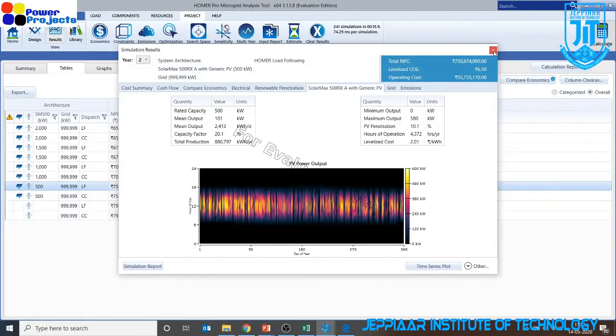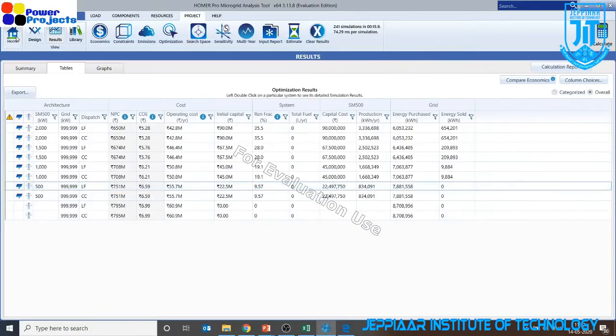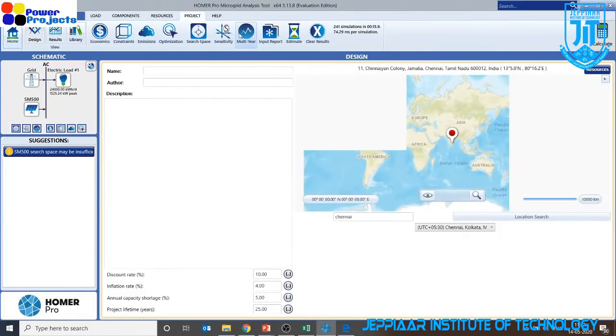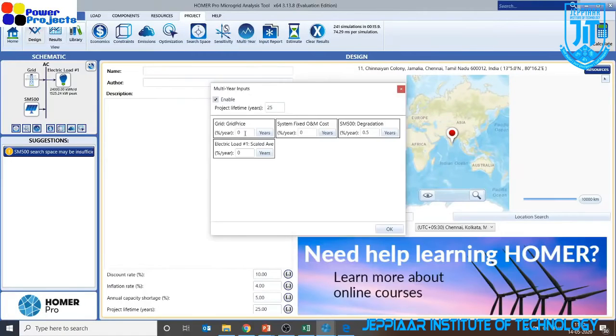The same thing you can apply for the increase in the cost of electricity from the grid in the multi-year option. Similarly, your operation and maintenance cost today and after 20 years will not remain the same, that you can add. And even your load will increase. Your load is definitely not going to be constant in an industry, it may grow over the period. That also you can model.